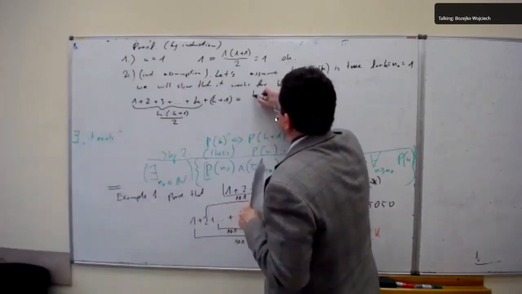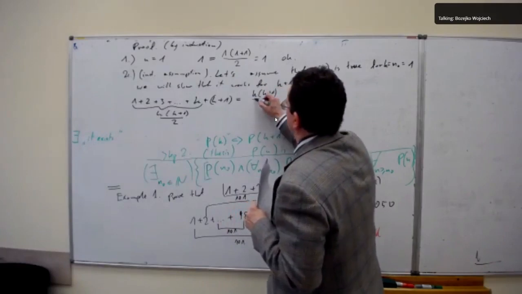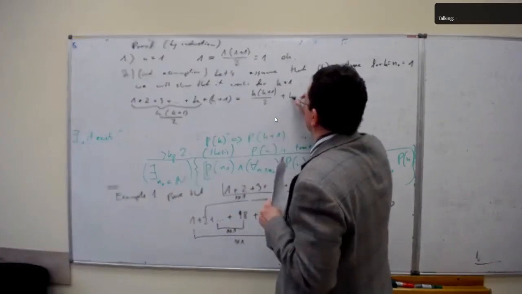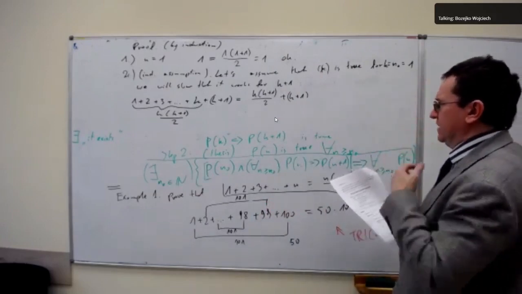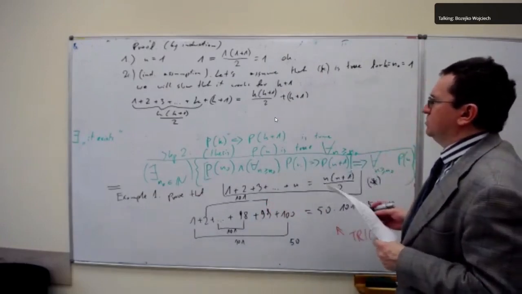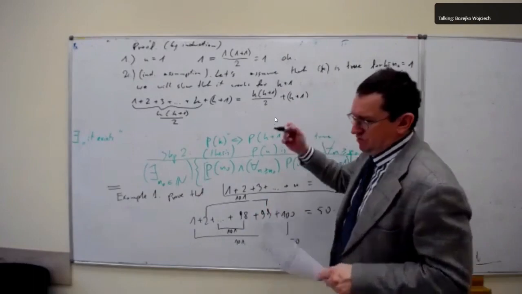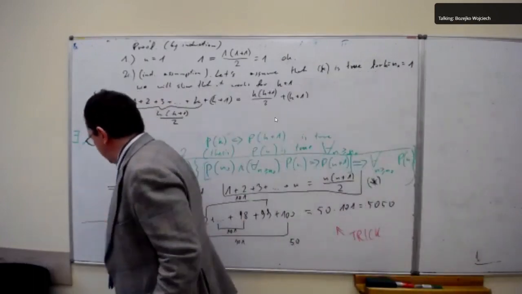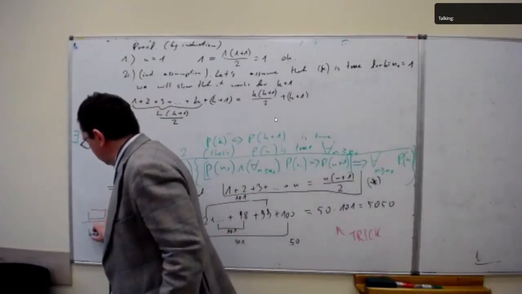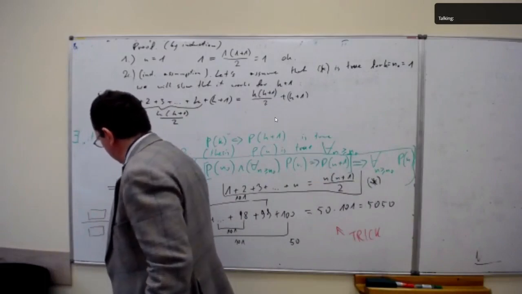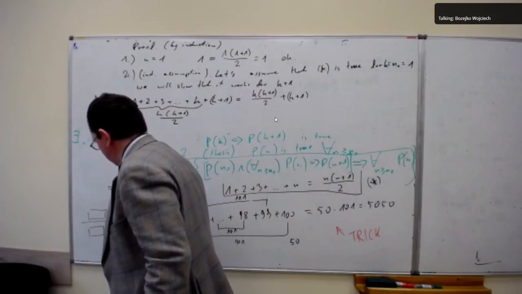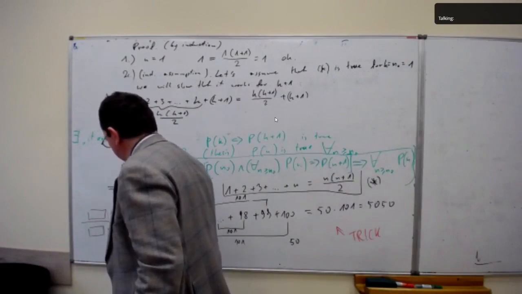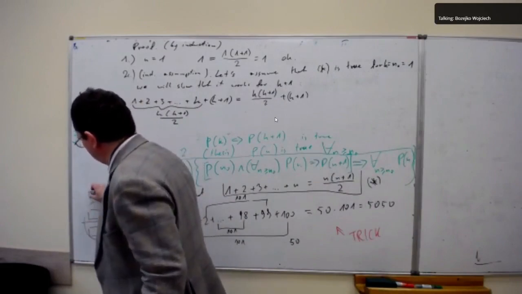So we have k times k plus 1 divided by 2 plus k plus 1. Let us make the common denominator. In the fraction, we have the numerator and the denominator.